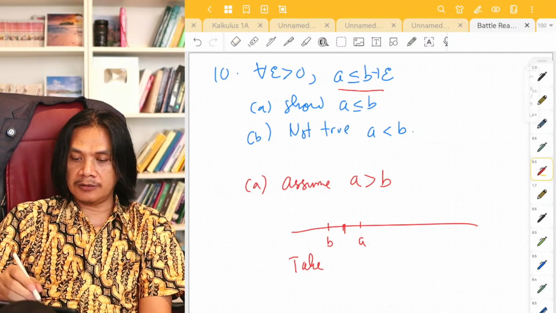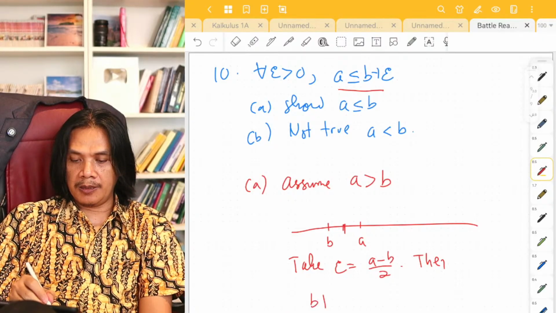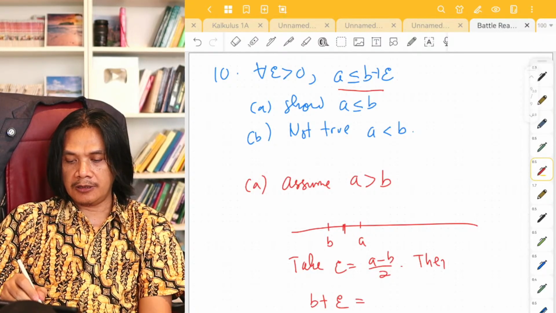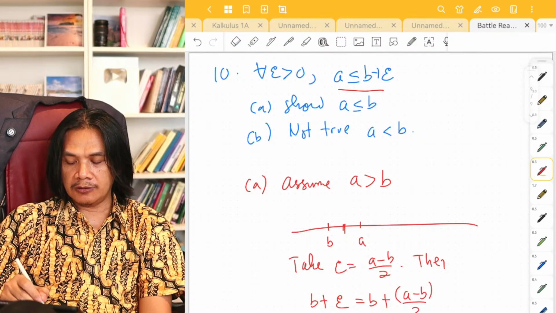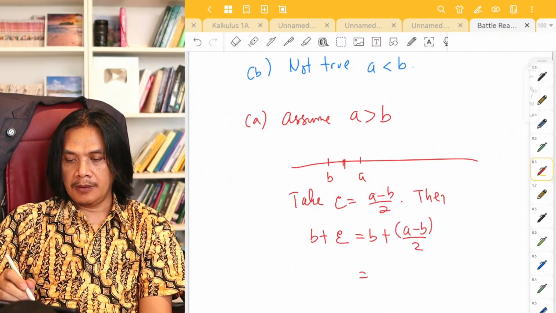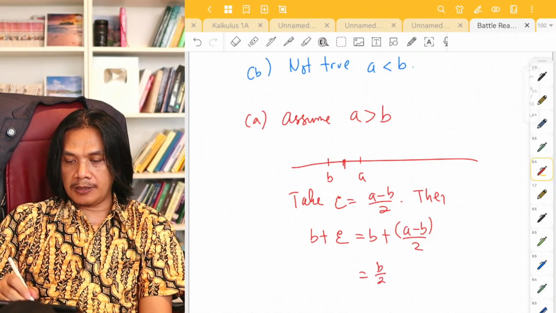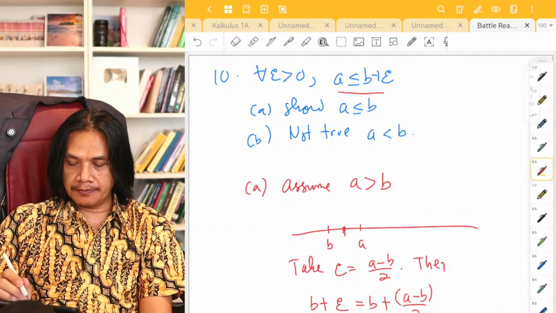Take epsilon equal to A minus B over 2. Is that always going to be positive? Yes, always positive. B plus epsilon is B plus A minus B over 2, which is B over 2 plus A over 2.